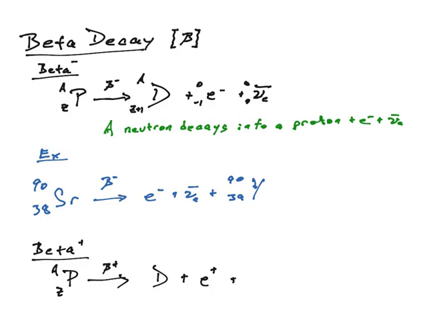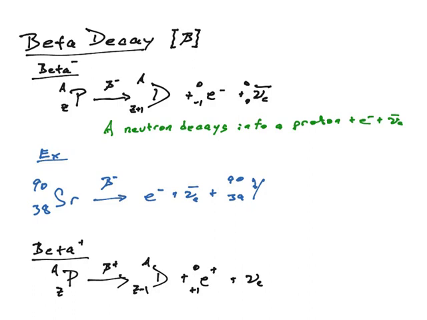And instead of an anti-neutrino, you get a normal neutrino. So what's a positron? Well, it's an electron, but with positive charge. So it's got +1 for the Z, but it's still got 0 for the A. And so to balance everything, the A is going to remain the same, but the Z now is Z minus 1.